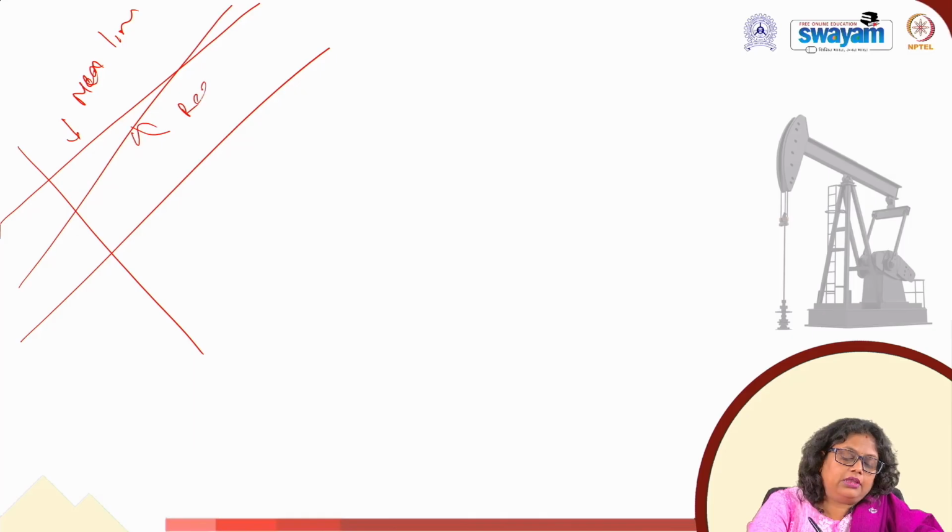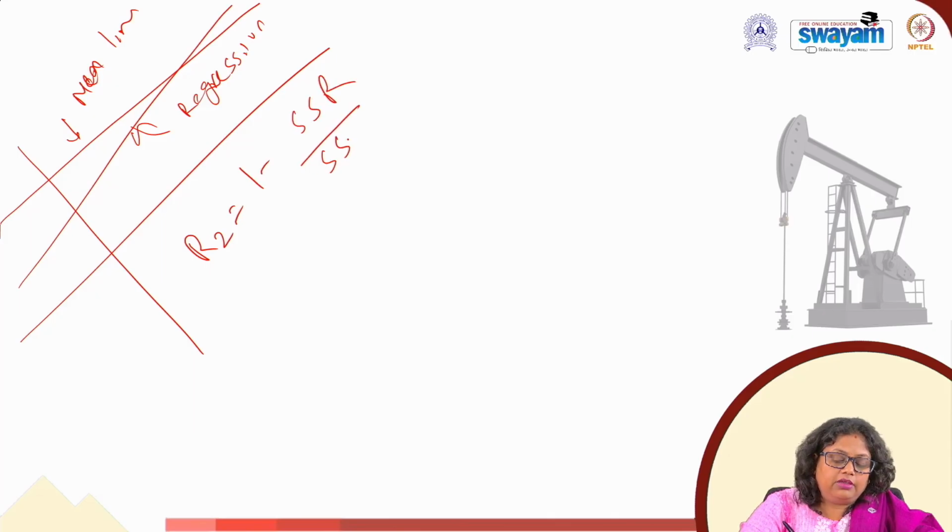Seeing this, we have this one line, the best fit line, and this one I am mentioning is my mean line, and this is my regression line. So here R2 is 1 minus SSR over SSM. Those are the two things I mention here.